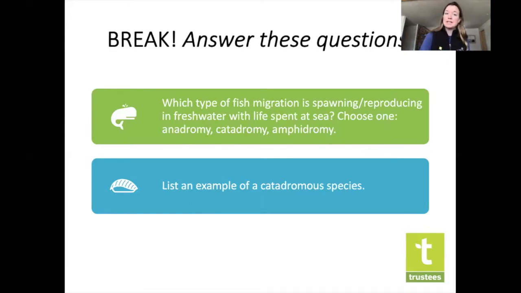So we're looking at spawning in freshwater and then life in the sea or a marine environment. So choose one. Within those diadromous types of fish migration, we have anadromy, catadromy, amphidromy.